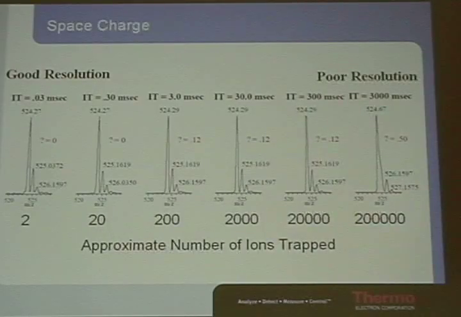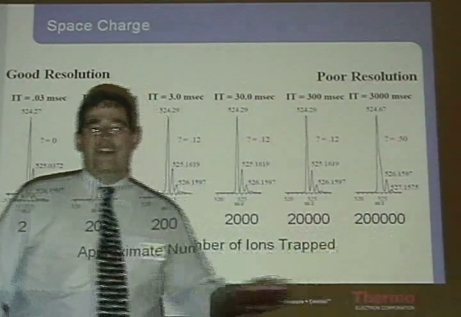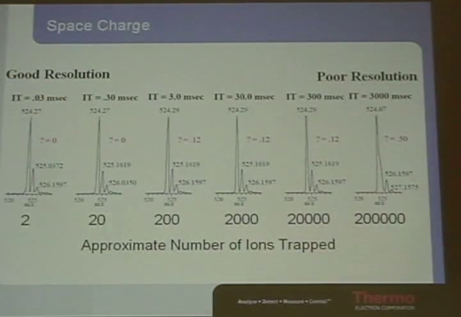And because the applied RF is different than the RF I feel, if I'm in a very dense cloud, if I'm at 200,000 ions sitting around me, that additional effect is much larger and will actually cause me to leave the trap at the wrong time because my frequency is incorrect and I come into resonance at the wrong time, and hence I leave a little bit later than my buddies did. Does that make sense?